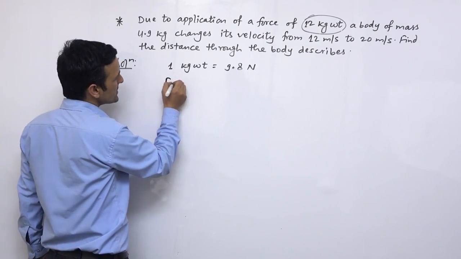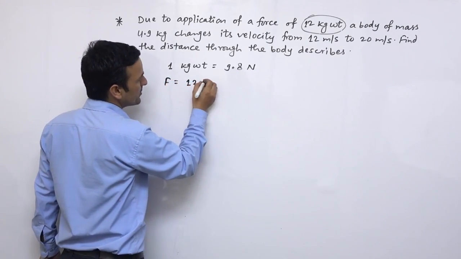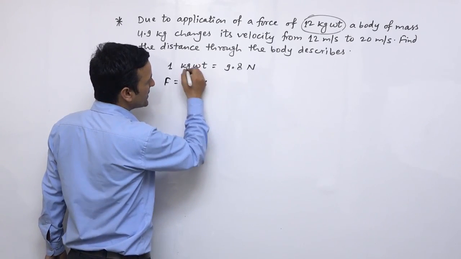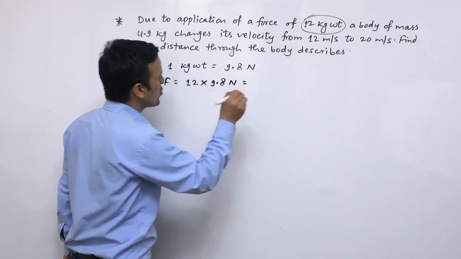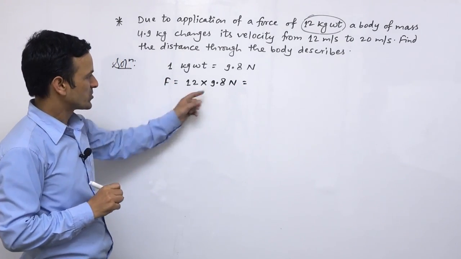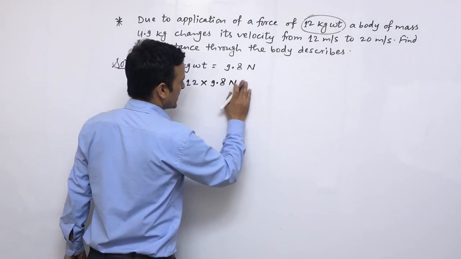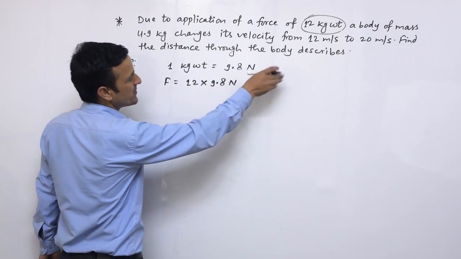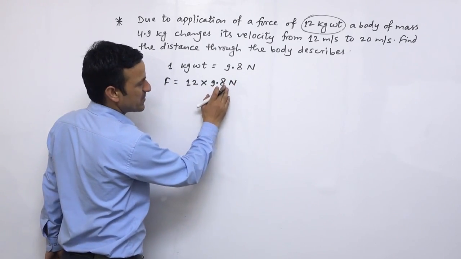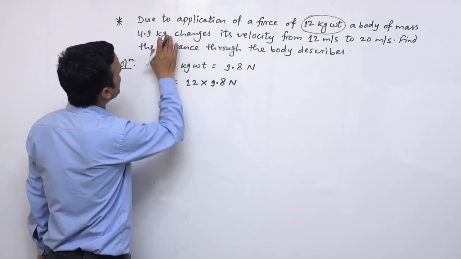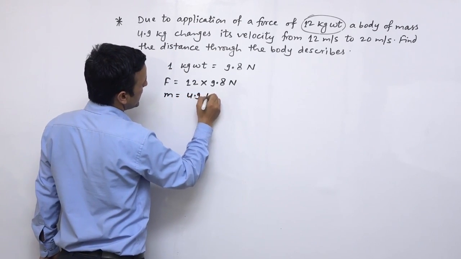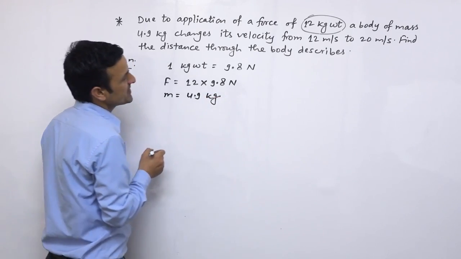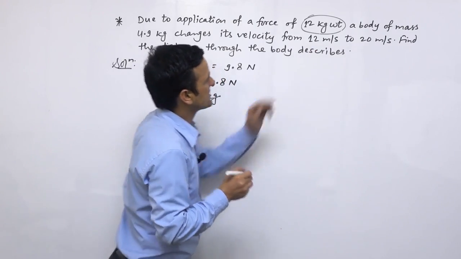So 1 kg weight means 9.8 Newton. So force is equal to 12 kg weight, where 1 kg weight means 9.8, so if you multiply it, then it goes to Newton. Whatever the value of 12 into 9.8 may be, it is in Newton. And 4.9 kg is the mass, which changes its velocity from this to this.